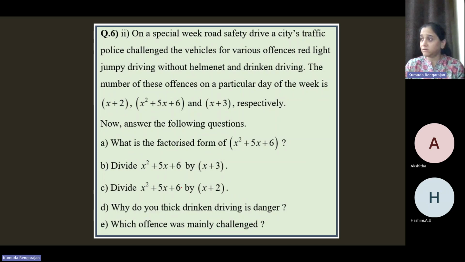Which one? For B, yeah? You have to divide it. Correct, but not the long division.